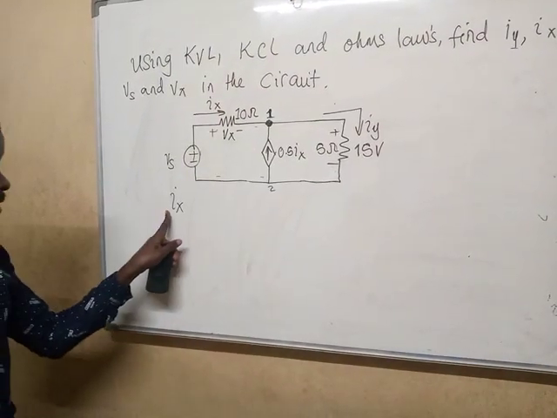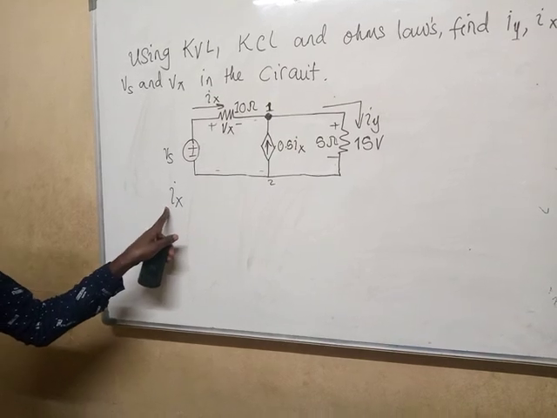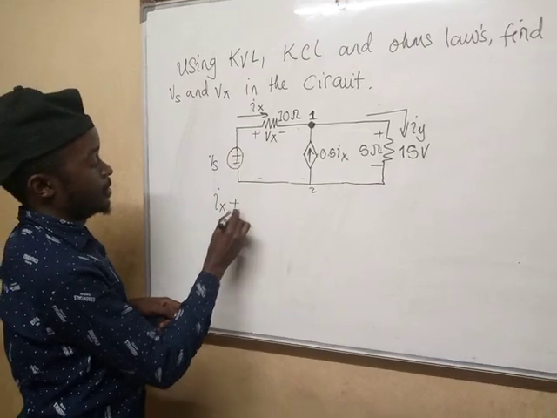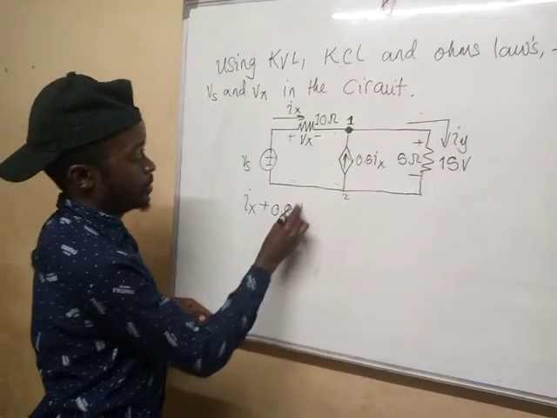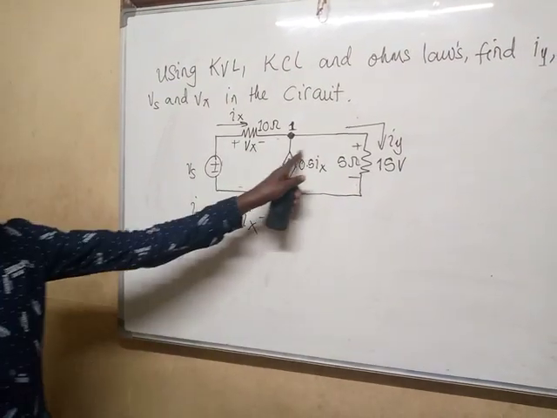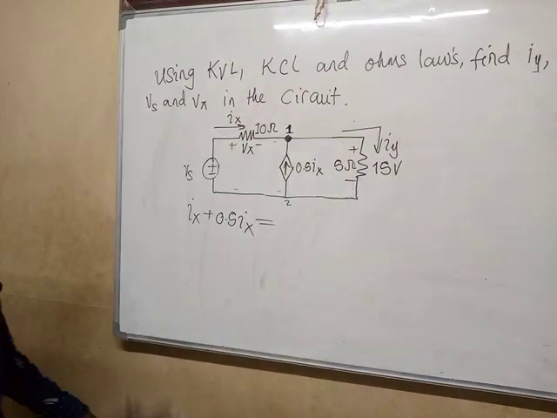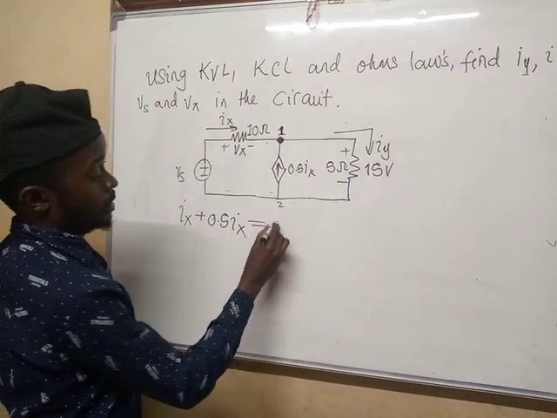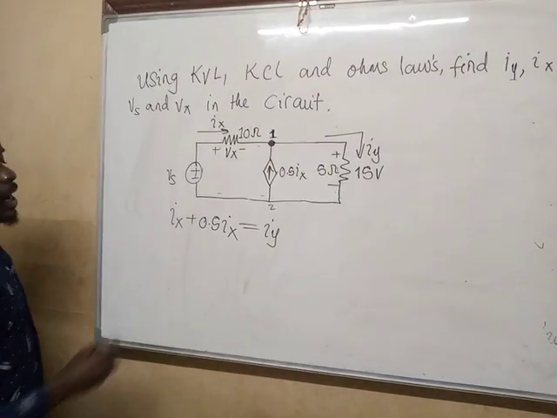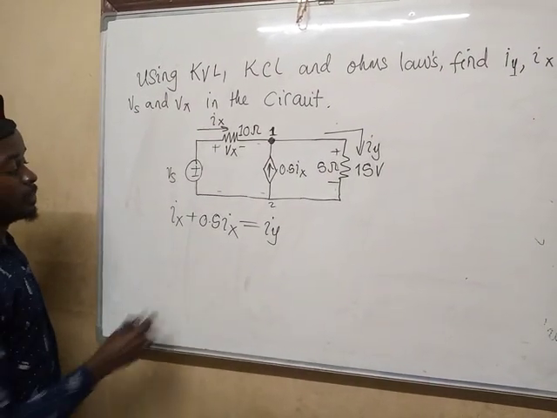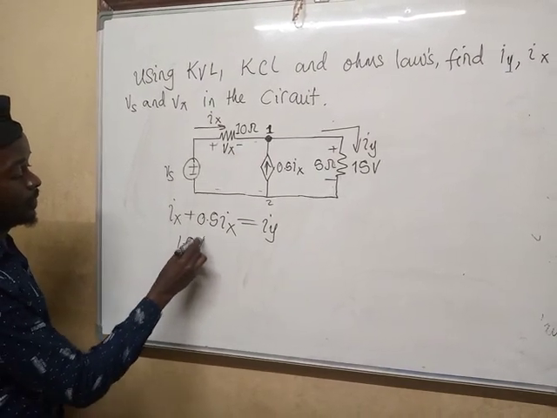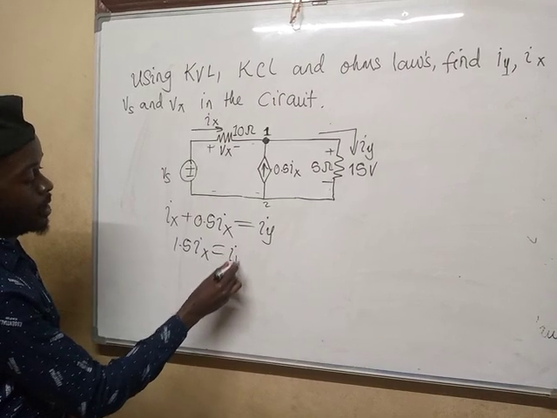So we have Ix entering node 1, and at the same time this current entering node 1. So we are saying Ix plus 0.5 Ix must be equal to the current leaving the same node, which is I1. These are like terms, so we can add: Ix plus 0.5 Ix gives 1.5 Ix equal to I1.